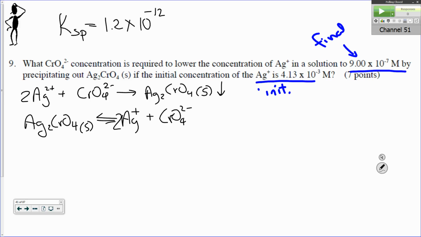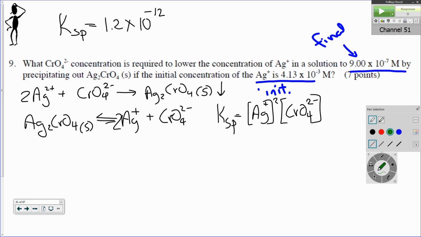Okay, so Ksp is equal to the concentration of the silver squared times the concentration of the chromate ion. So what we're going to do is solve this to find out how much silver is needed. I want to know how much silver concentration is required to get the chromate down to this level.